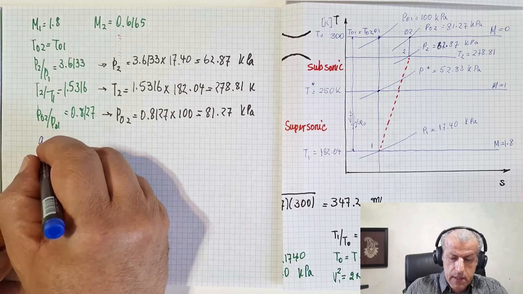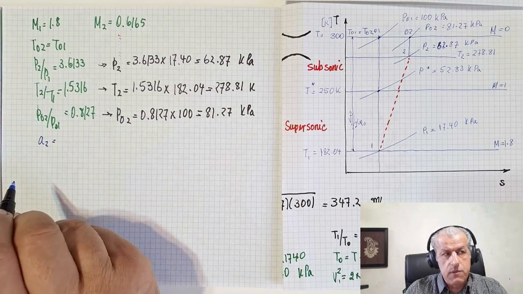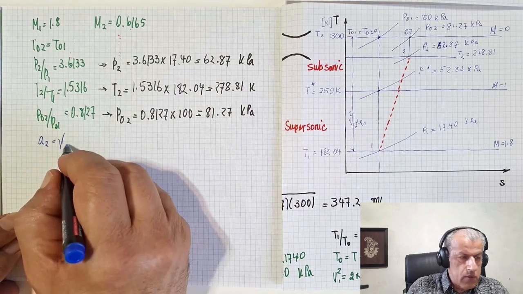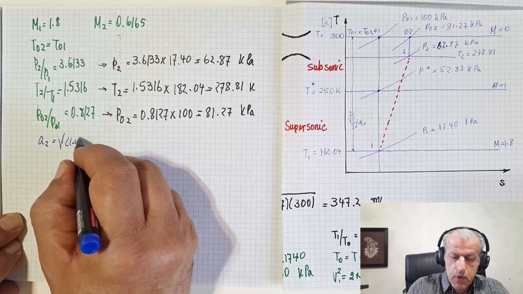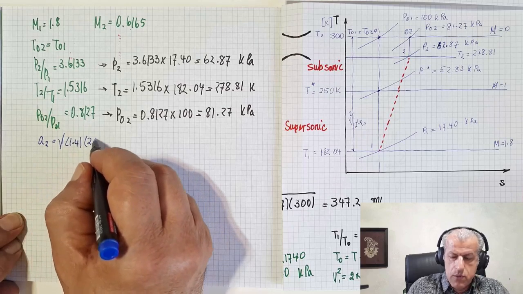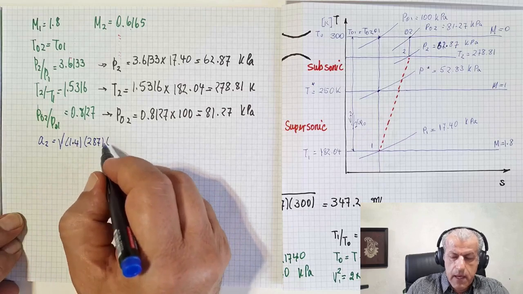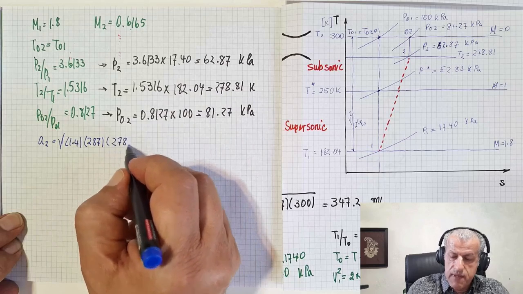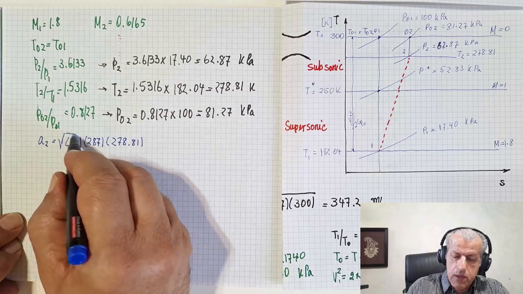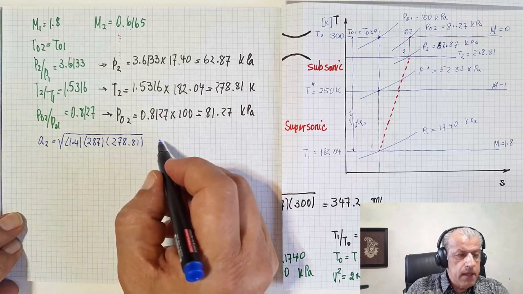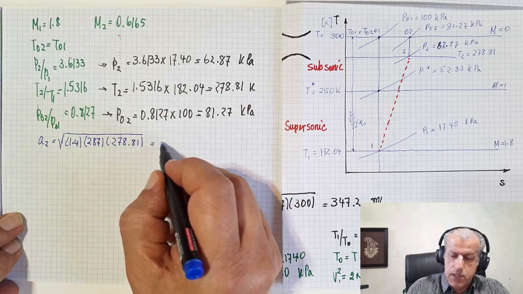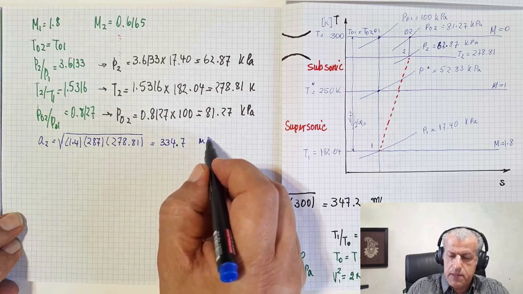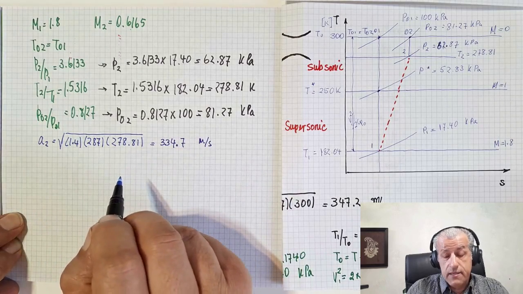Let's start with A2, which is the speed of sound at point 2, and that equals the square root of gamma (1.4) times R, which is 287, times T at point 2, which we calculated to be 278.81, and the outcome is 334.7 meters per second. That is A2.